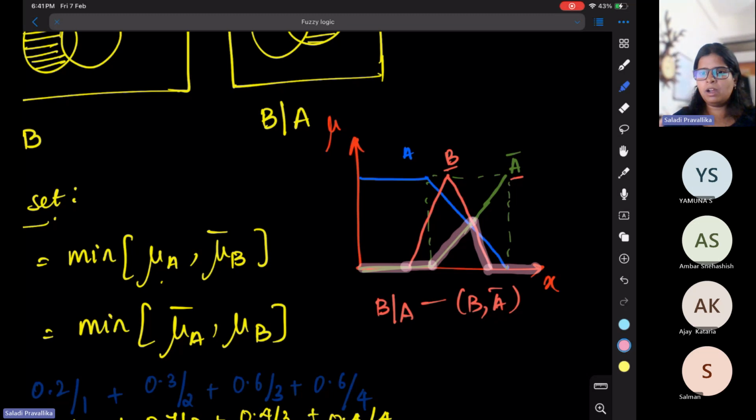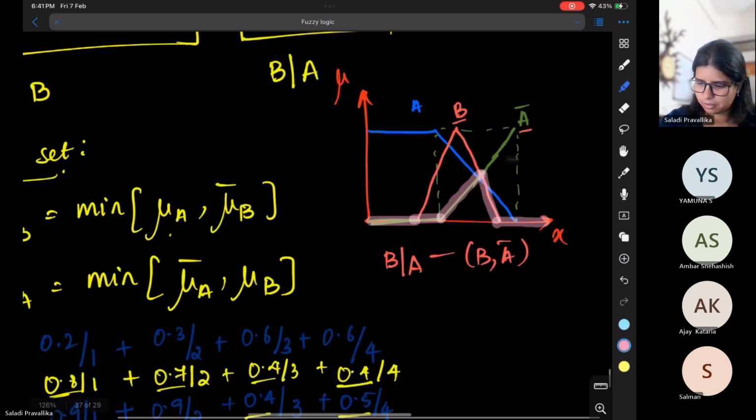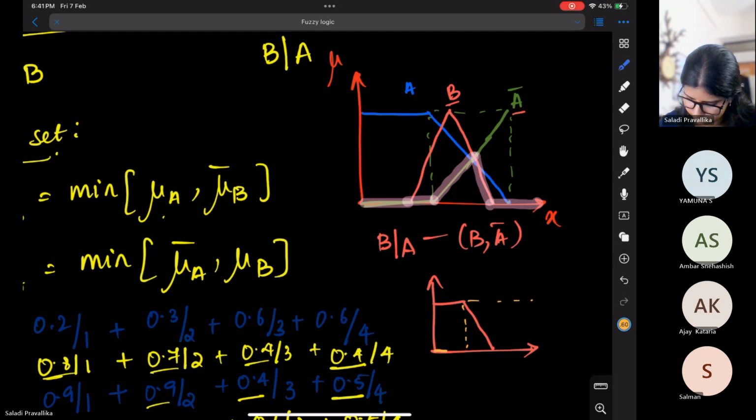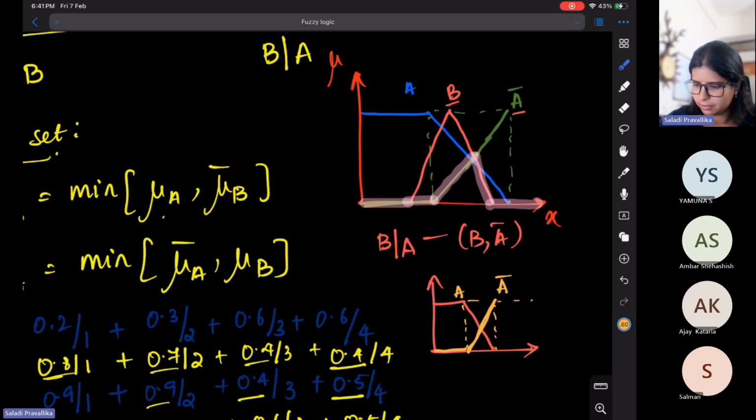Or did you mean if you are taking the same fuzzy sets, like A and B being the same ones, then you will get a null set. Let's try that as well. So this is A bar and this is A, the red one.